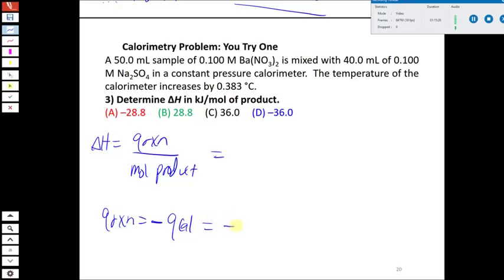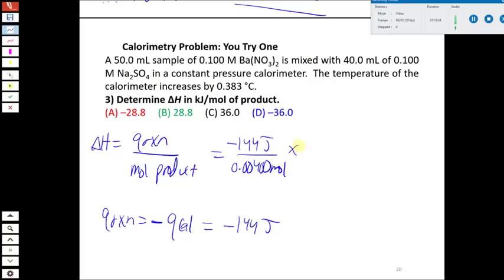That means the heat of reaction is minus 144 joules. As we said in the last step, which I didn't go through in detail, we found that there's 0.00400 moles of product formed. So that's what we divide by.